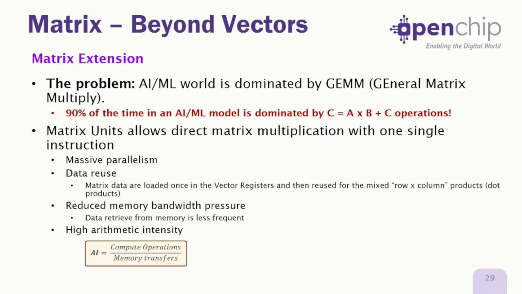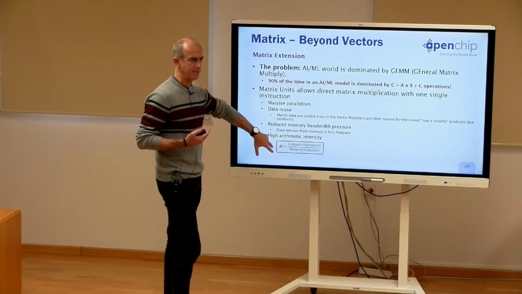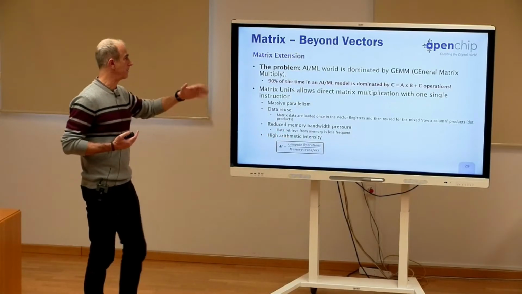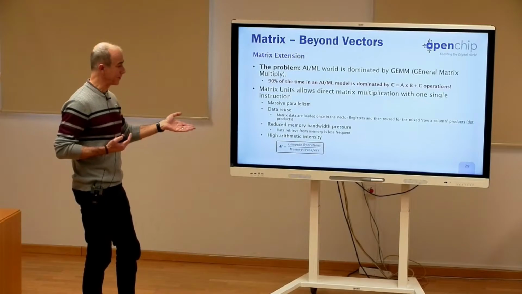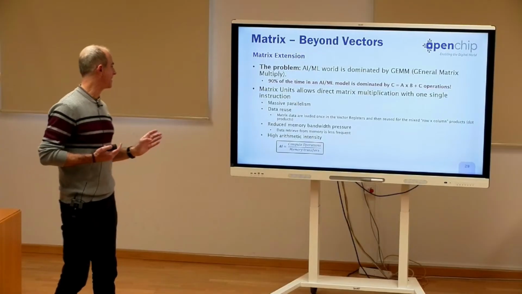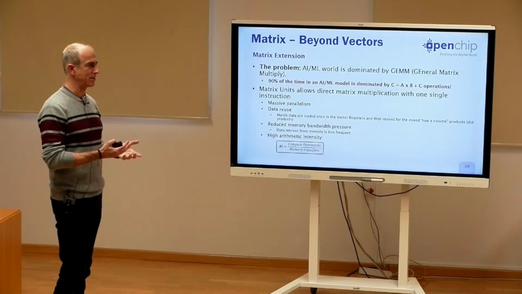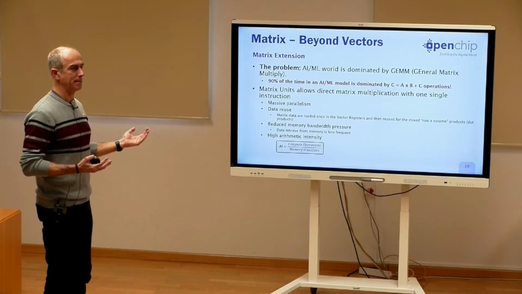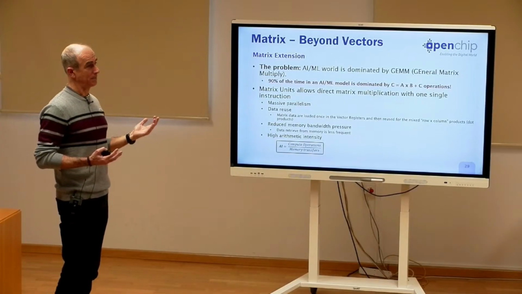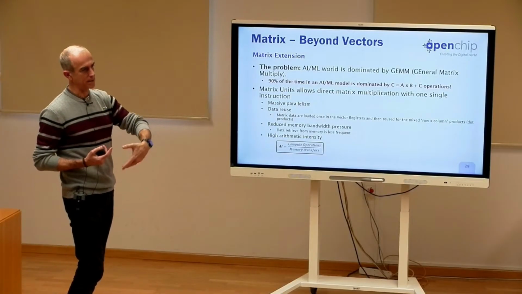This is a real advantage of the matrix unit. And this leads to a high, what is called, AI, a very used parameter in this kind of architecture, which stands not for artificial intelligence, but for arithmetic intensity, which is the number of operations, for example multiplications, you can do divided by the memory transfer. The memory transfers are the data going from memory to registers and also from the registers to the memory.